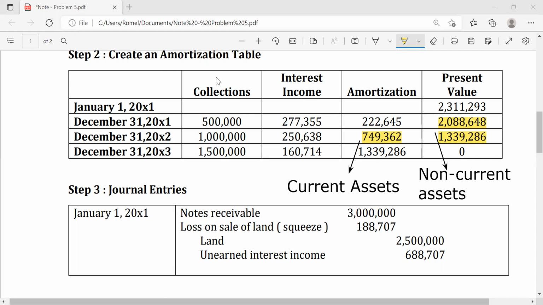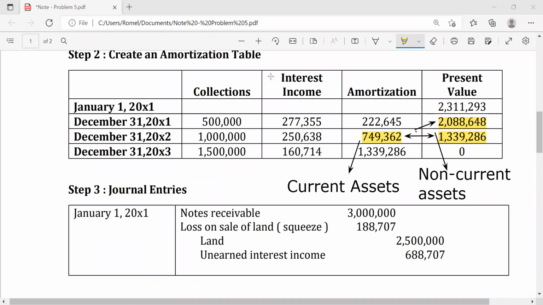To double check if this is correct, try to add 749,362 and 1,339,286. So when you add both of them, the answer will be 2,088,648.